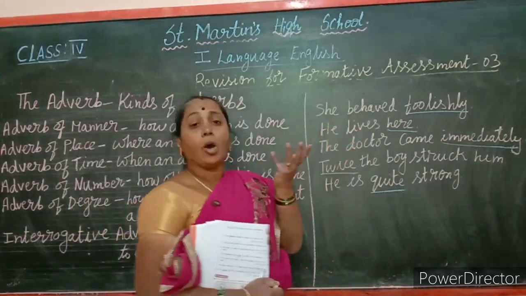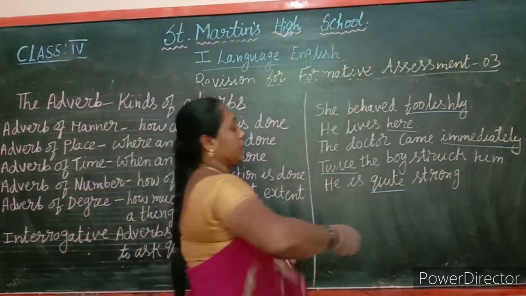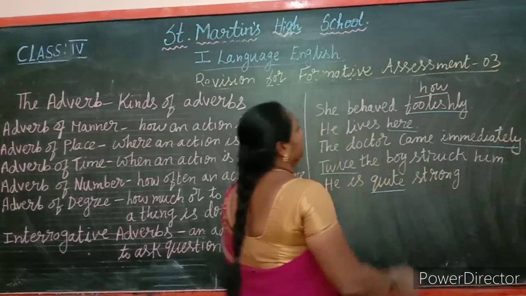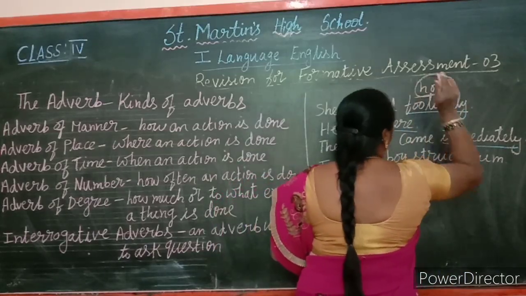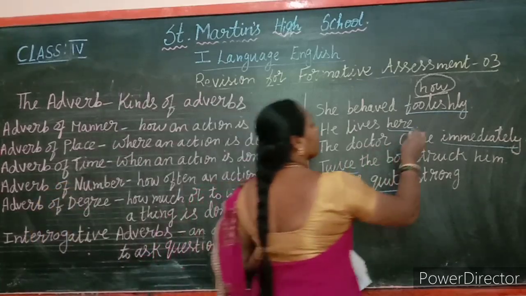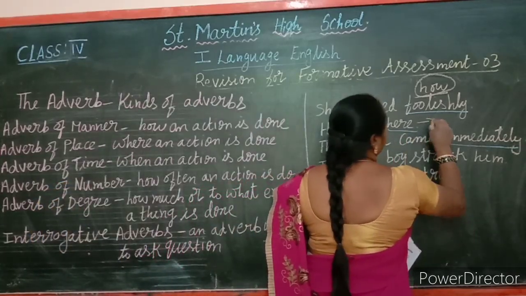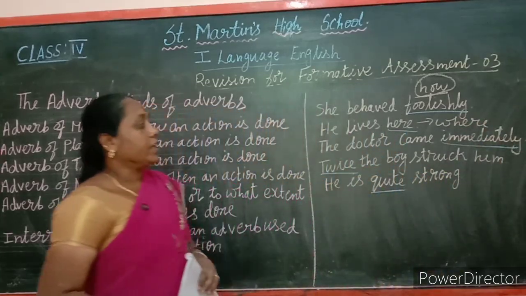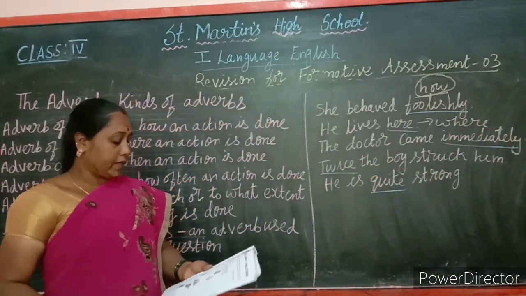She behaved. How she behaved? Foolishly. It answers the question how. He lives here. Where he lives? It answers the question where. And then the doctor came immediately.